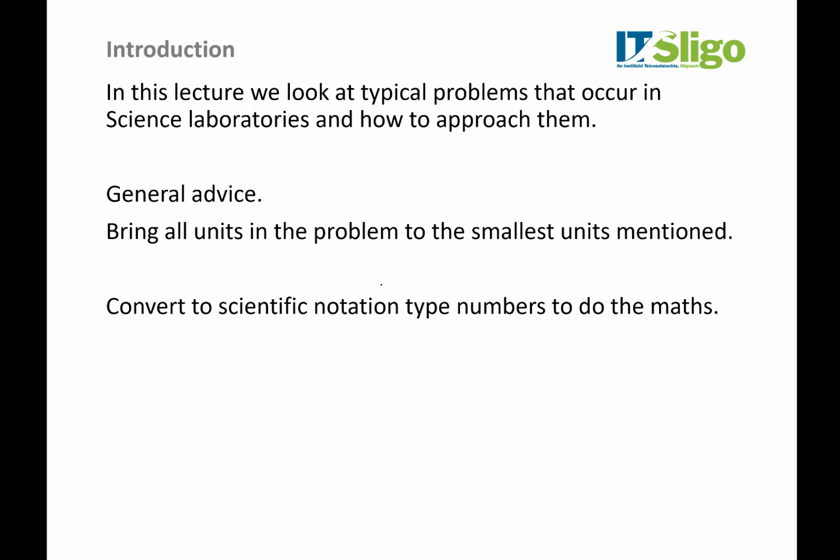It can often be helpful to convert big values to scientific notation. So say if you had 20 million capsules to be made, it might make more sense to write it as 20 by 10 to the power of 6. Sometimes it's more useful to write it like that, as we'll see later. It makes the division of this number, if we need to, a little bit easier.